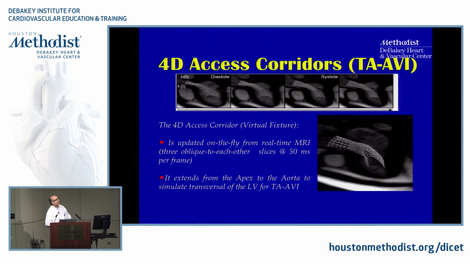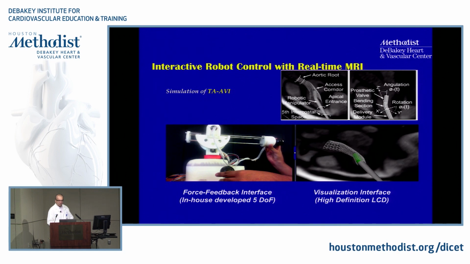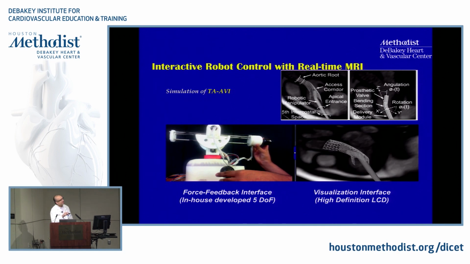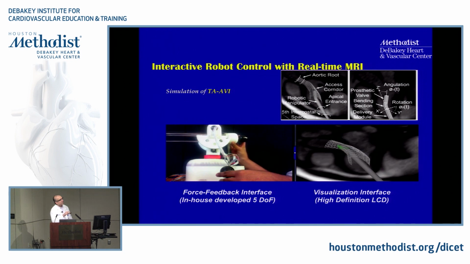So if you're doing, let's say, a TAVR procedure, and in this example here, you're going in through a transapical approach, by obtaining real-time images, you can actually identify what's a safe corridor that your catheter can be in versus what's an area your catheter shouldn't be in.